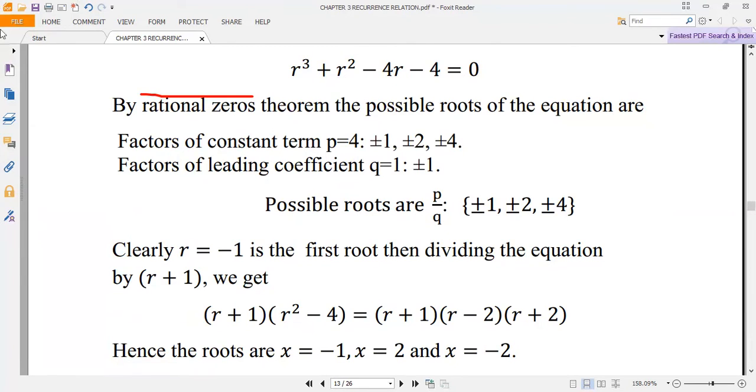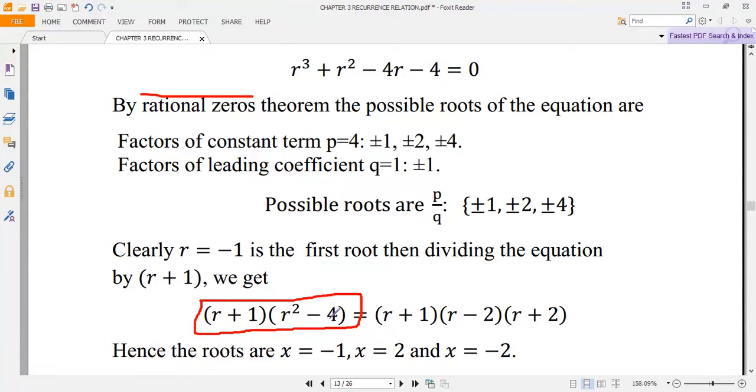So dividing the polynomial r cubed plus r squared minus 4r minus 4 by r plus 1, we get this equation.